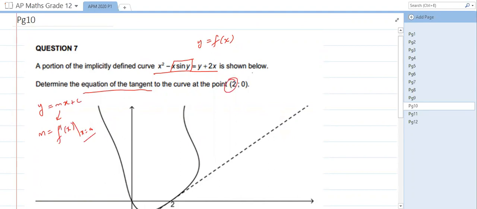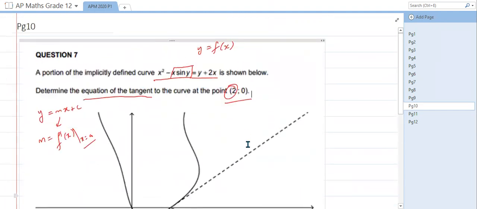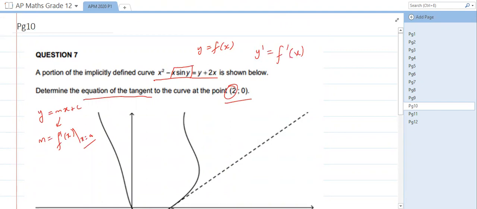Since it's implicit, we need to evaluate at (2, 0) to get the value of f prime x. I will call it y prime, meaning f prime x, for simplicity.